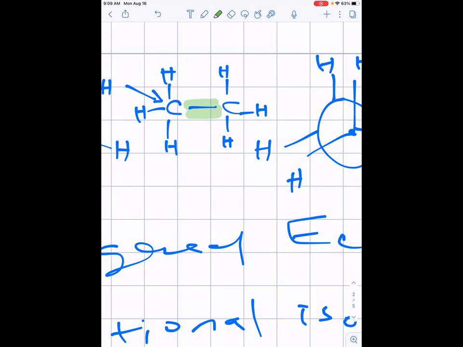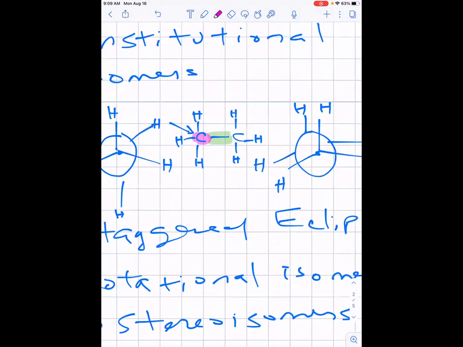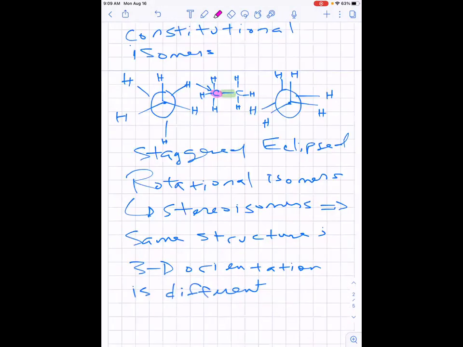If you turn this molecule so that this carbon, either carbon, but I'm going to pick this one, is facing you, then you see down to the other carbon. And so that's what these Newman projections represent, like looking down a carbon-carbon single bond, right? So that's a type of stereoisomer, and that gets us into the definition of stereoisomers, which is two molecules that have the same structure, but they have a different 3D orientation.